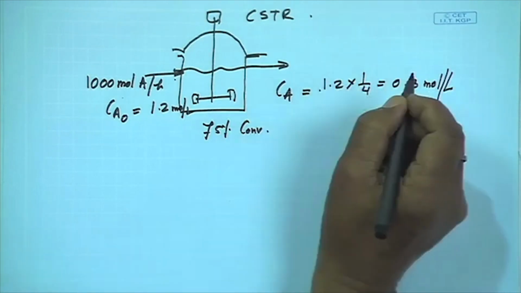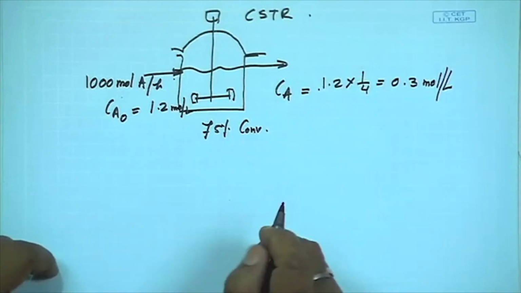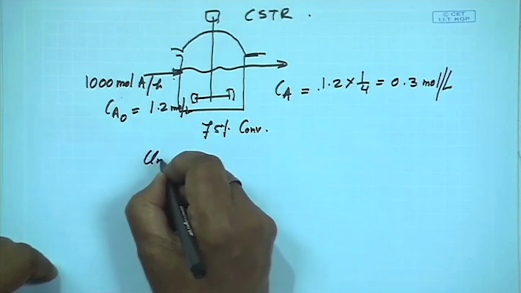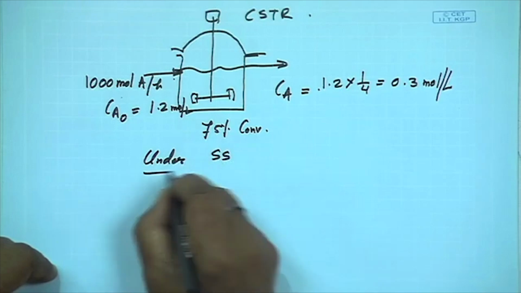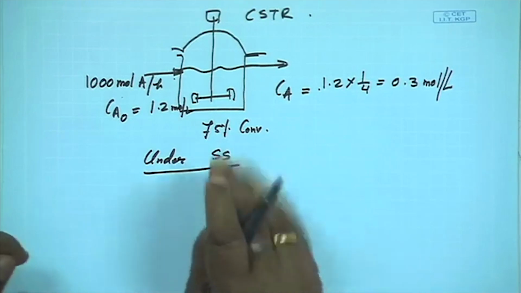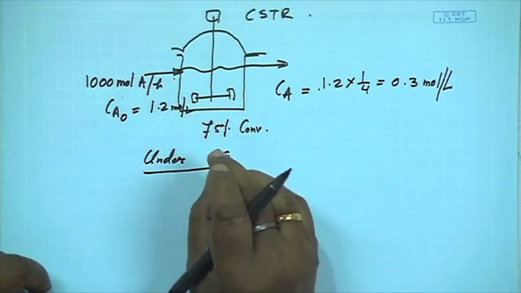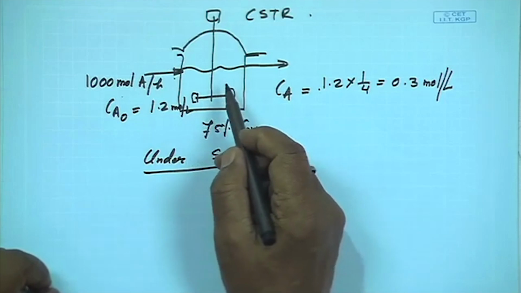Okay. So, the situation here is very simple, under steady state condition. What is the steady state condition? Because I told you, in a continuous system it is possible to attain the steady state. How do you arrive at the steady state condition?